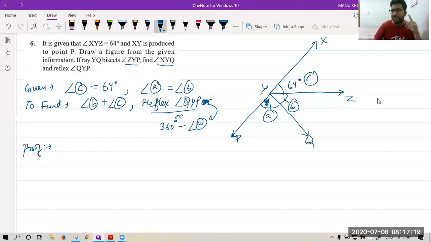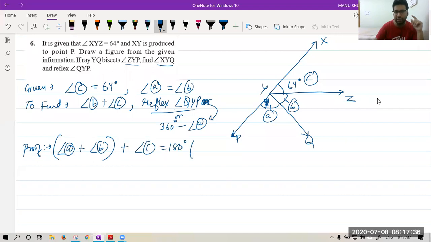Now first thing is, we can say these three are forming a straight line. So we can say angle A plus angle B, let's make them together, and angle C is equal to 180. Reason being linear pair of angles. Now we can put the values.